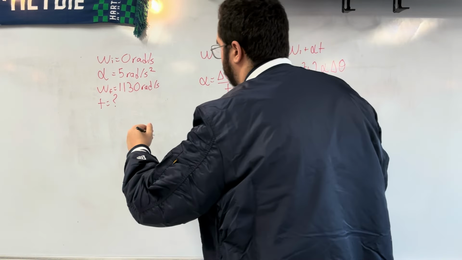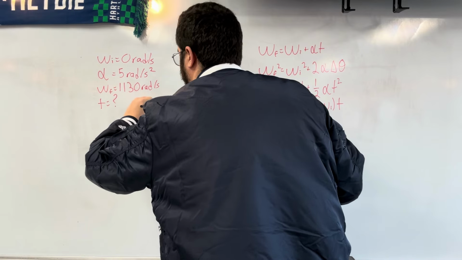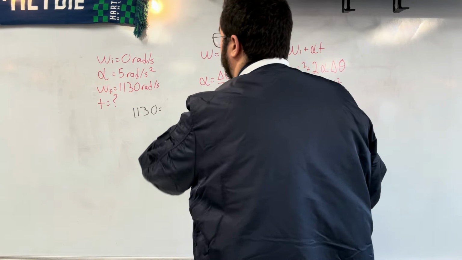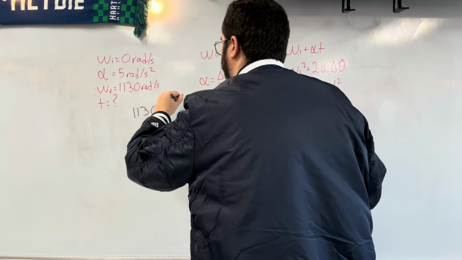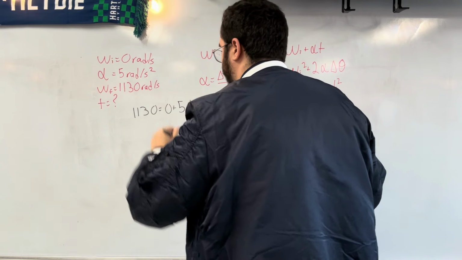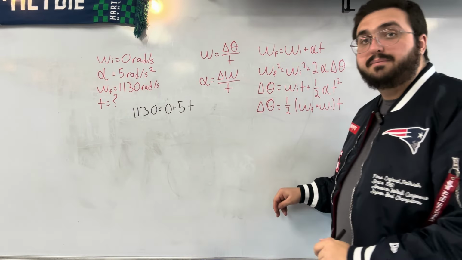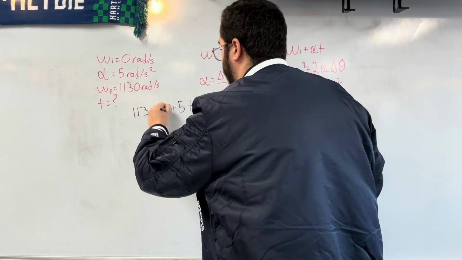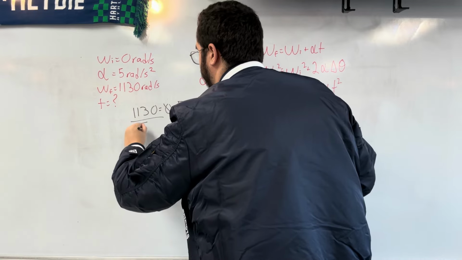So, omega final, 1130, equals omega initial, 0, plus acceleration, 5, times time. So, the 0 goes away because it's 0, it doesn't do anything. And I can divide both sides by 5 to get t by itself.